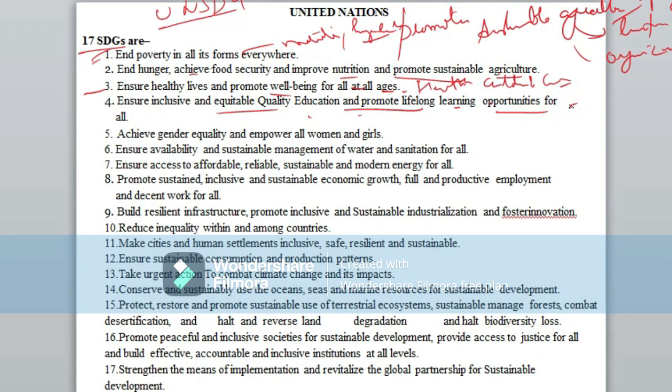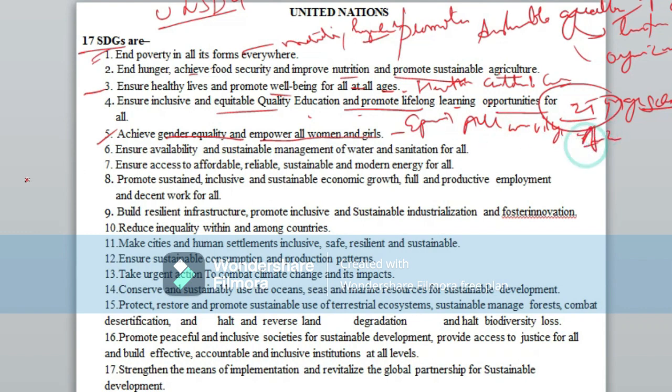So quality education, 25 years of minimum schooling, means education has to be provided to all people for at least 25 years. And fifth is the achievement of gender equality and empowerment of all women and girls, whether they are in villages, cities, African nations, or anywhere.